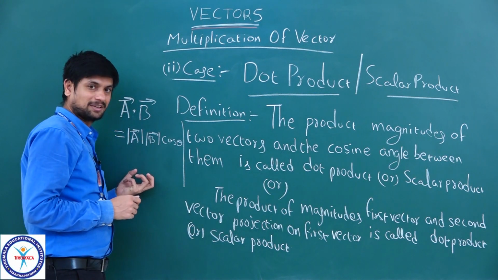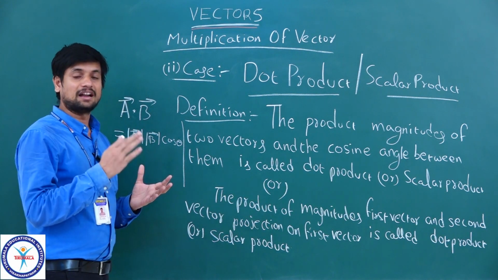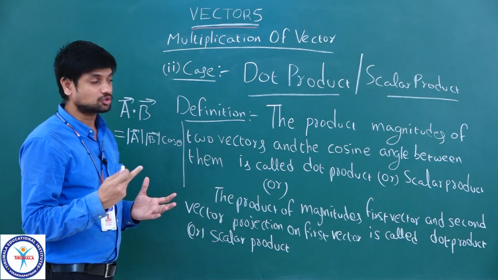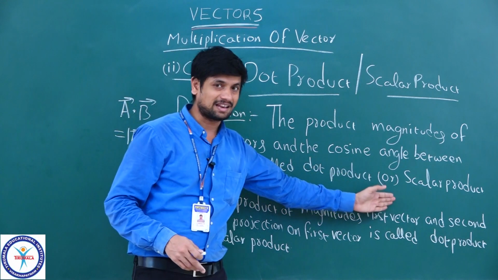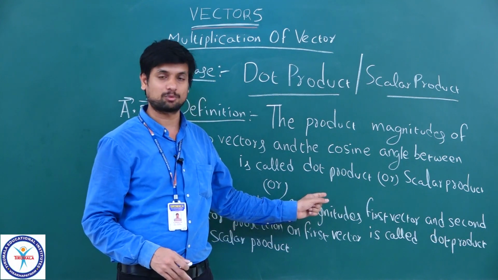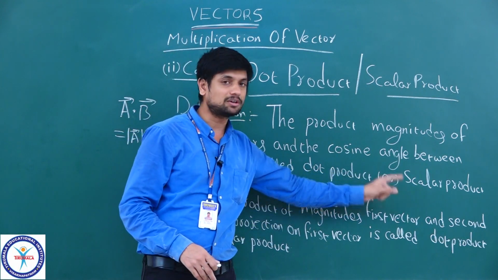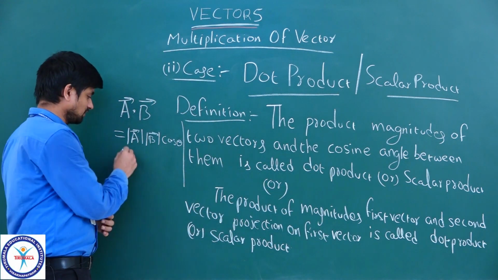After this vector operation, the answer is ultimately a scalar, so they also named it scalar product. Conventionally, mathematics still uses dot product, but in physics we use the word scalar product.